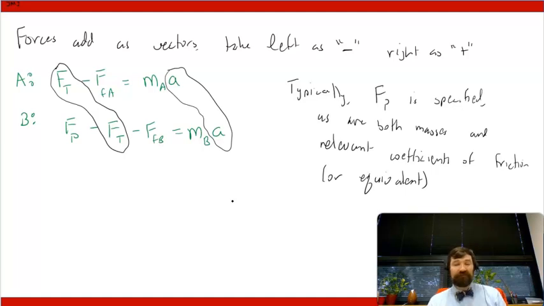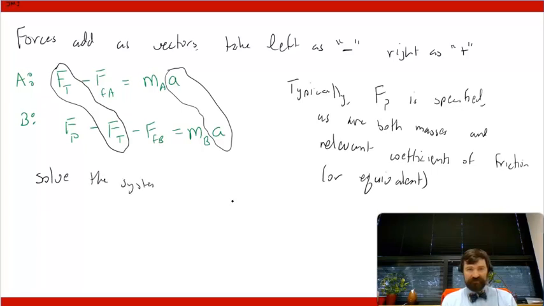That would be fine. Essentially, you have here two equations with two unknowns. Usually the acceleration is unknown and the tension is unknown. So you could solve the system of two equations with two unknowns.